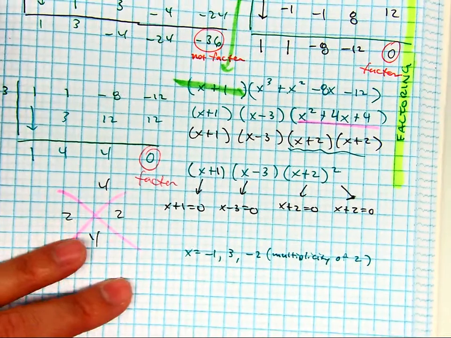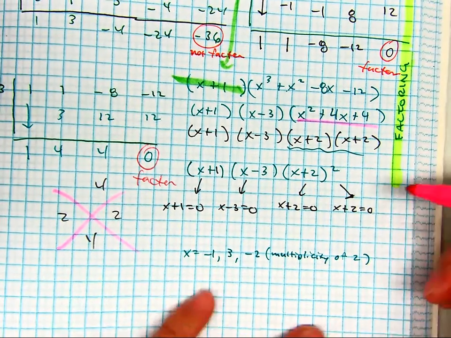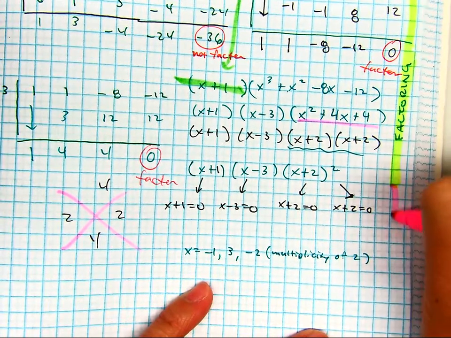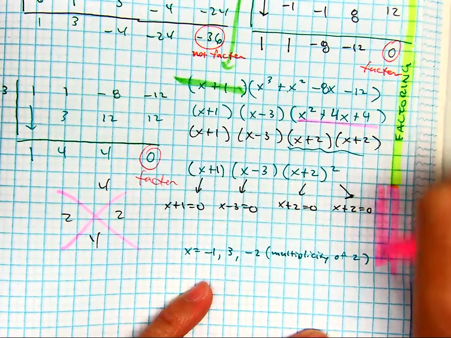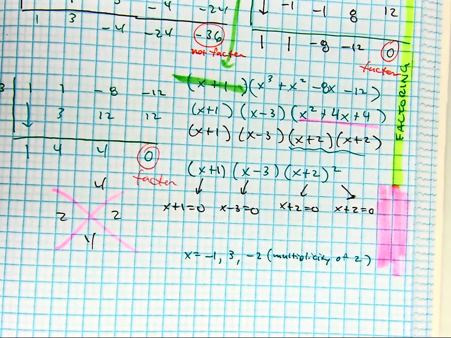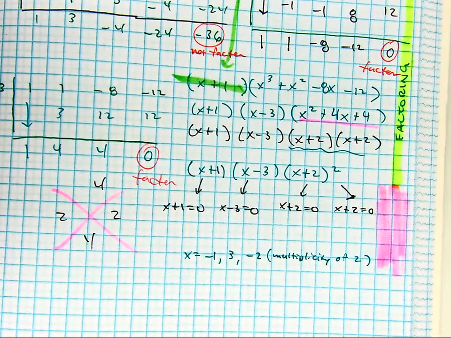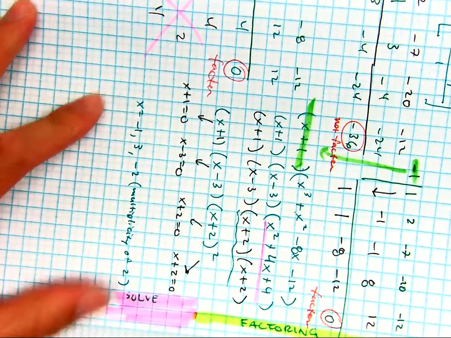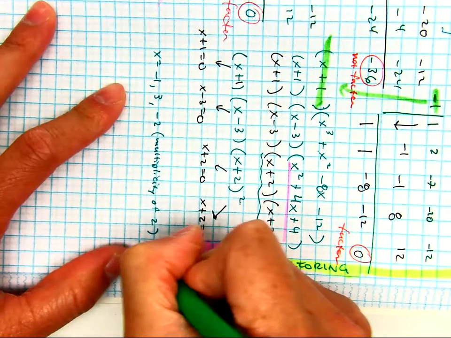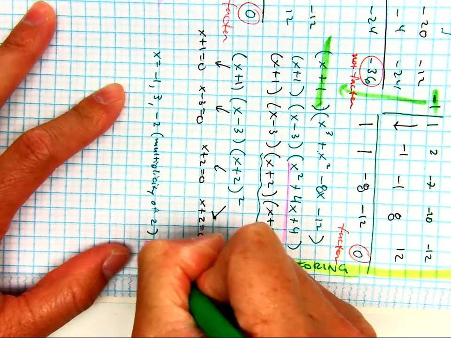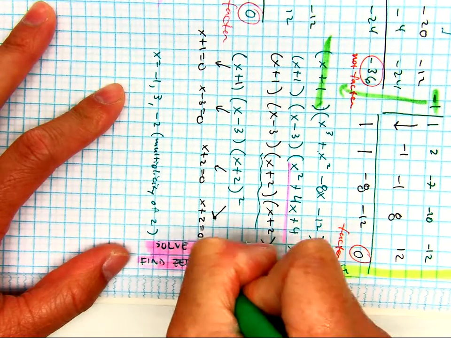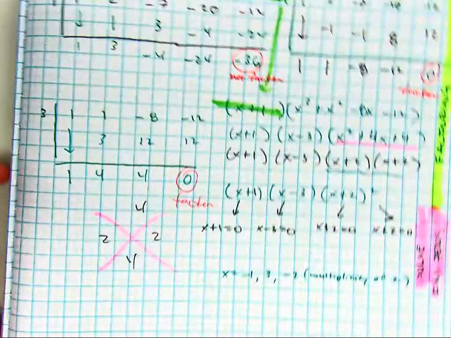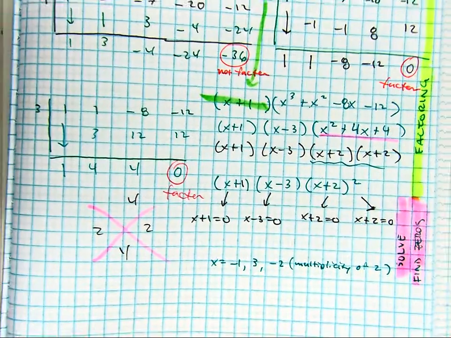So here in pink, what do we do in this area of pink? You are solving, or a fancy word for that is they say find the zeros. Because then you can actually go ahead and do a rough sketch of this graph, graphing by multiplicity.